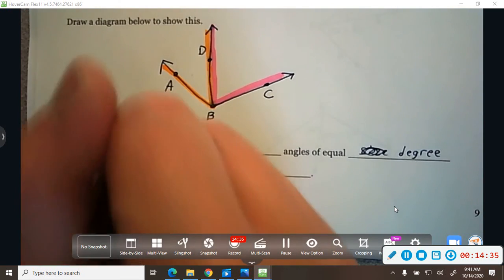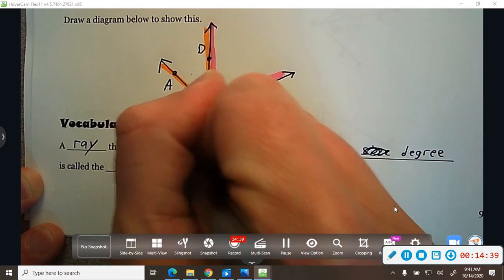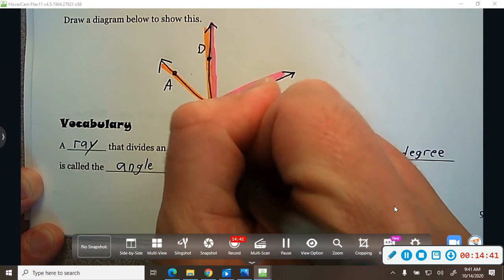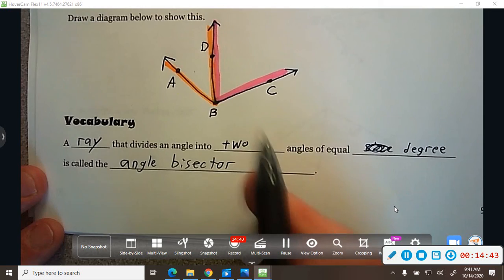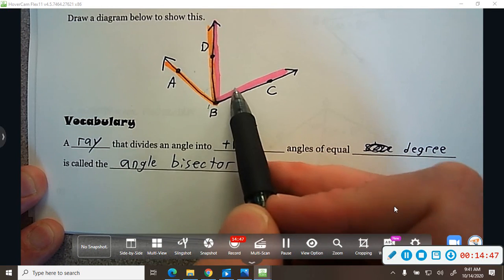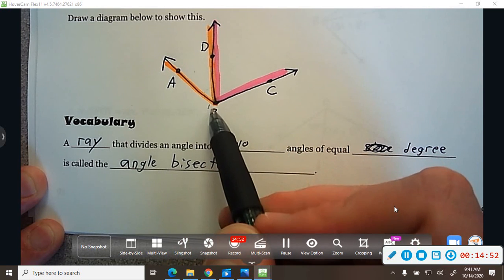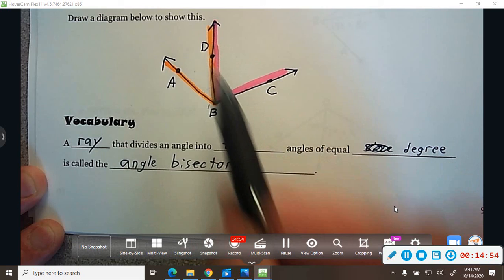We call that an angle bisector. So if you have a ray, and this is not an example because this is clearly smaller than this part, but if D was a little bit over, then we would say D, the angle, or the ray BD, is an angle bisector.